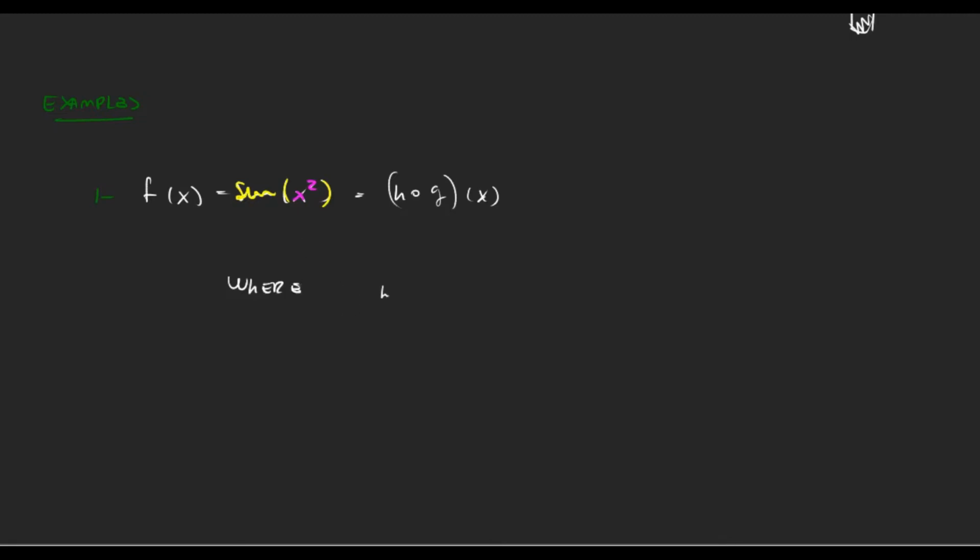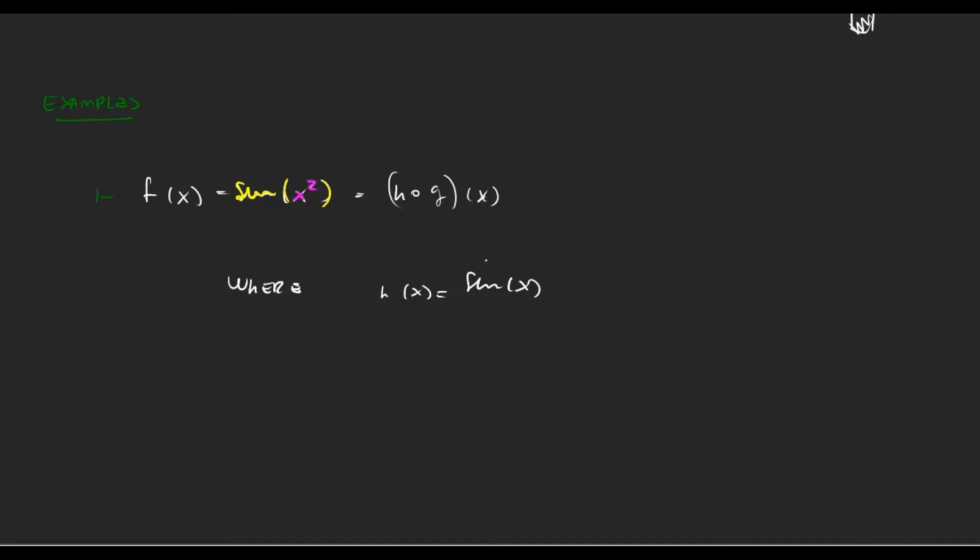And in this case, h of x is going to be the sine of x, because it's the function we are applying last. We take an x and first we are squaring it, and after doing that we are calculating the sine.